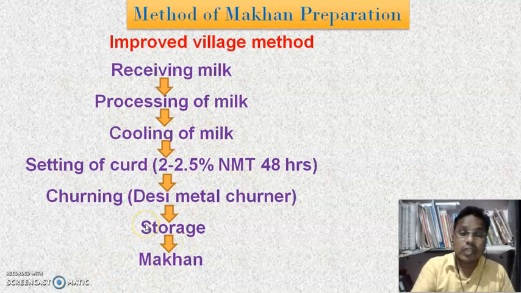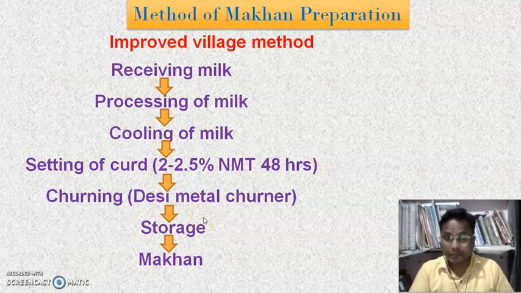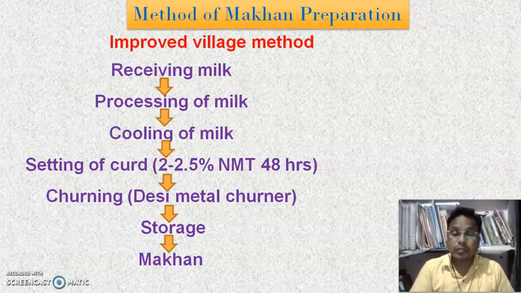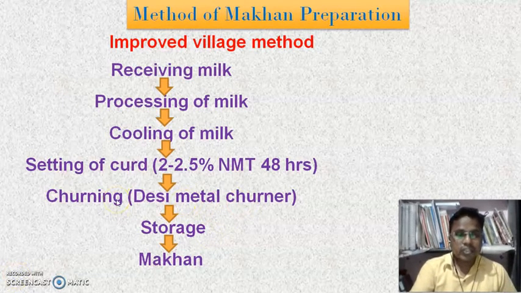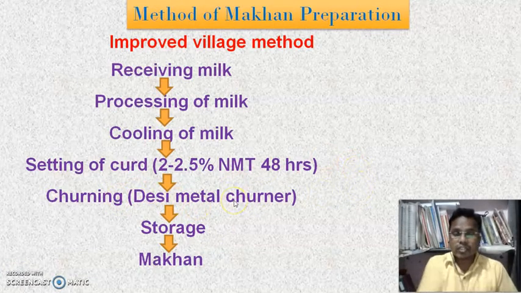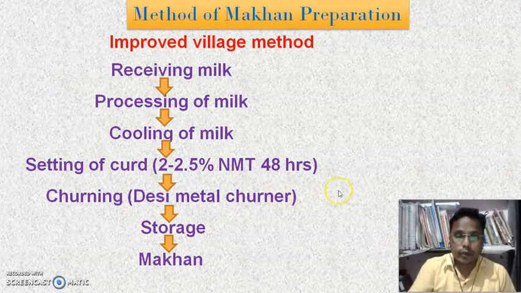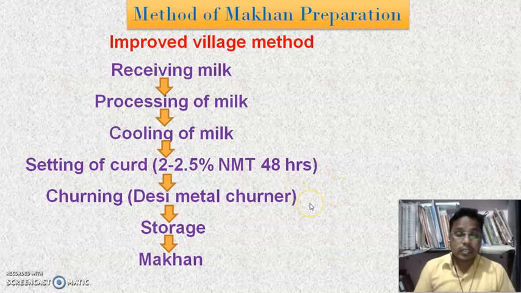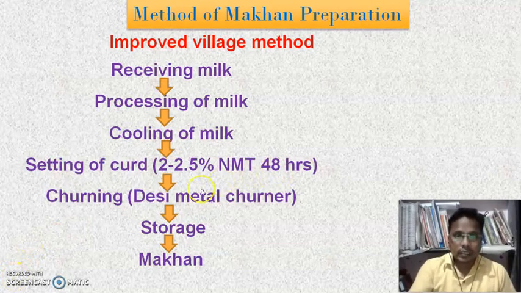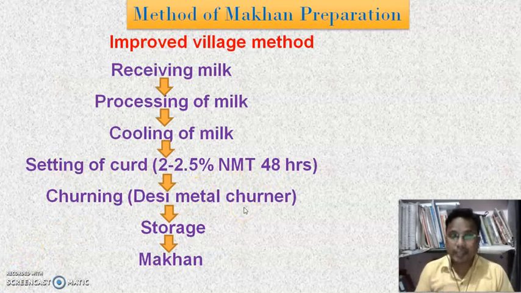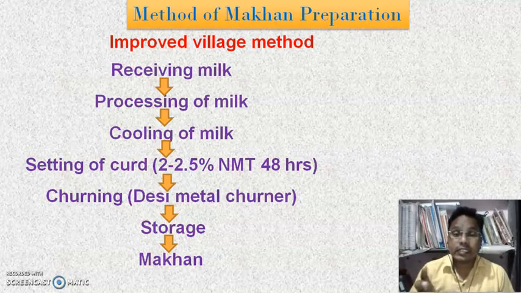After the churning process is completed, the makhan is removed and it is washed with water. In the churning process, desi metal churners are generally used in the improved village method. These desi metal churners generally have power driven gears.